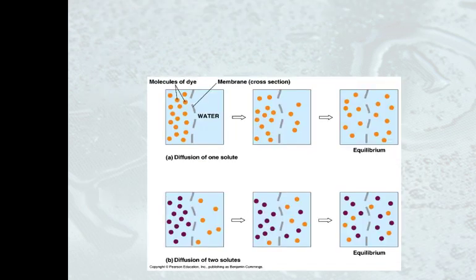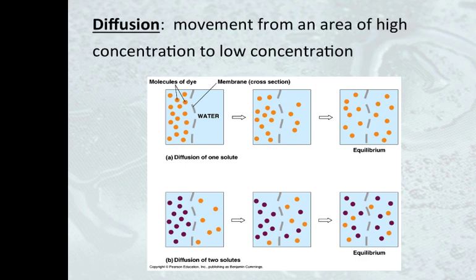Here is an example of diffusion. Let me get my cursor up where you can see it. Here we go. Look at this box on the top left. We have a box filled with water. It has a membrane down the middle, and you have a high concentration of molecules on the left side of the membrane. As the water molecules bounce around, they hit these particles of the solute, and they bounce them across that membrane.